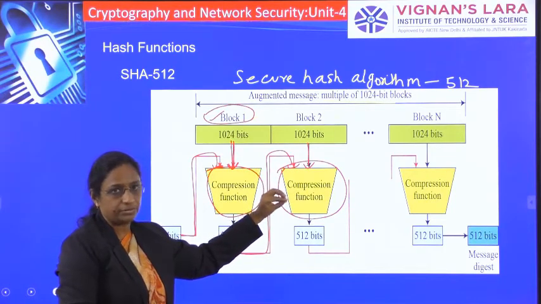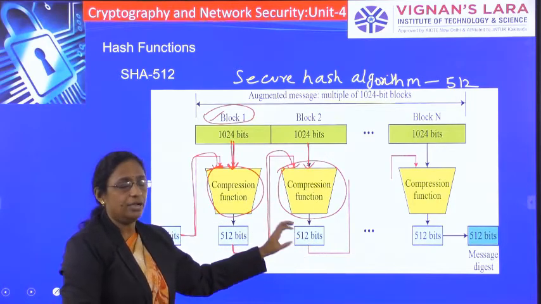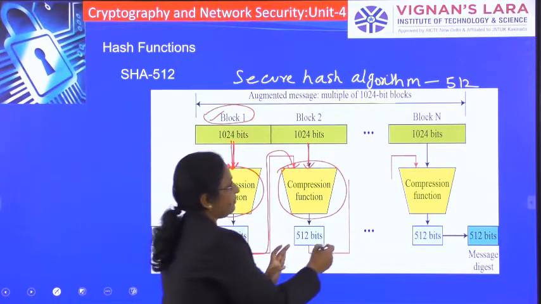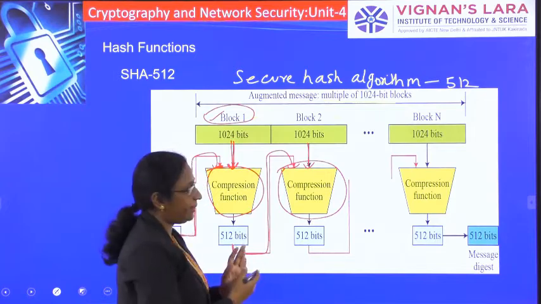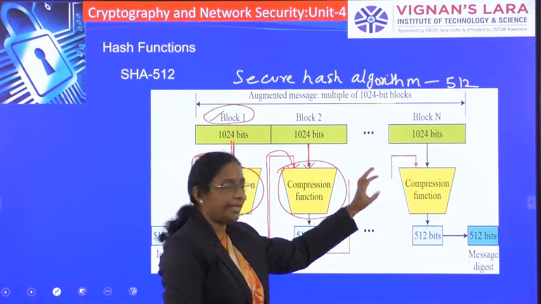The output is again a 512-bit intermediate hash value. In this way, the third block follows, and you process all the n blocks.